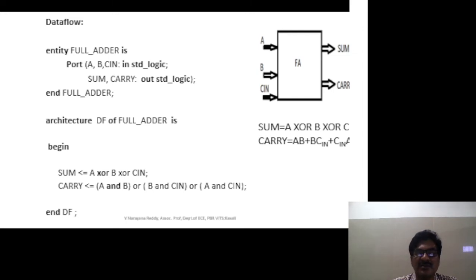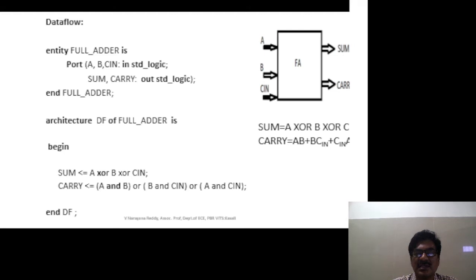For the sum output, the signal assignment statement is written like a Boolean equation. So sum less than equal is the signal assignment symbol. If any object is declared as a signal, you have to use the less than equal symbol while assigning a value.